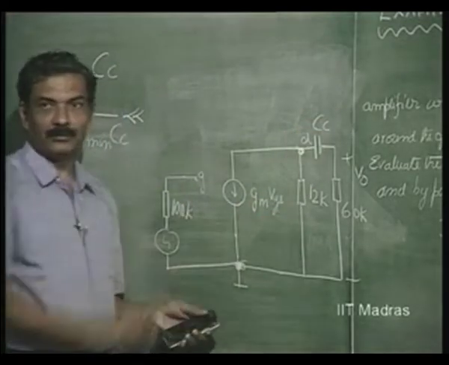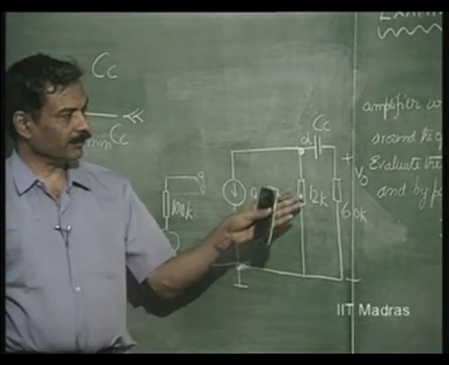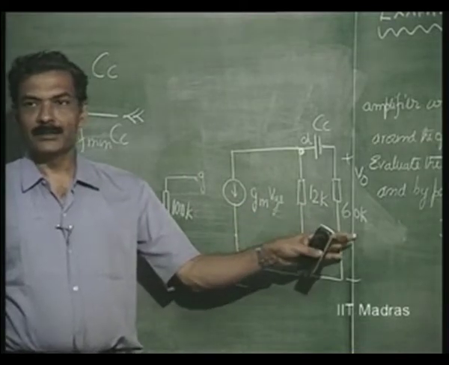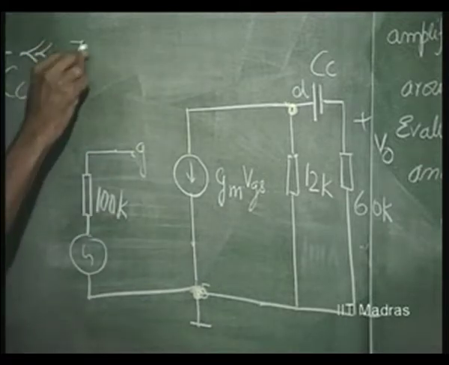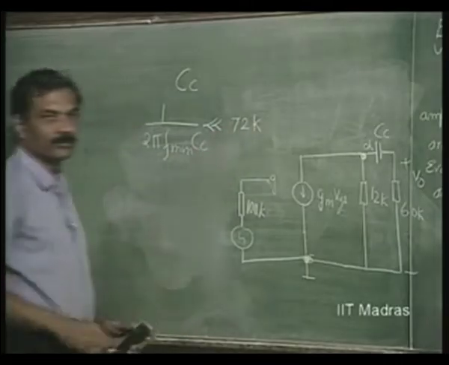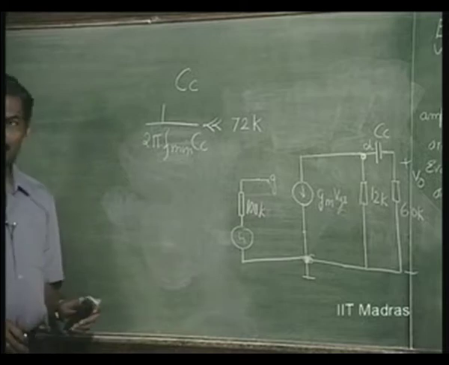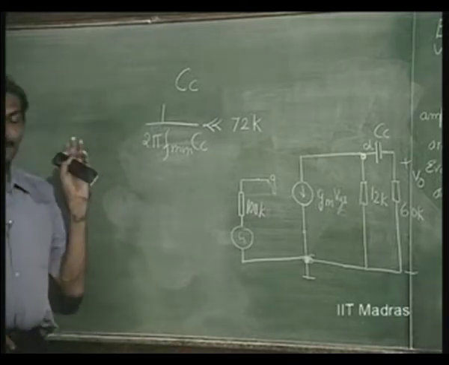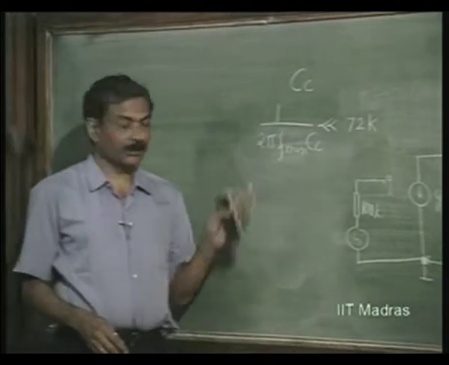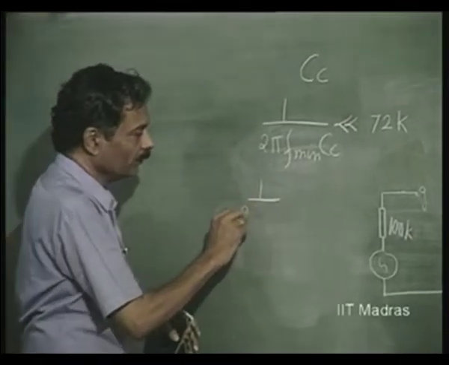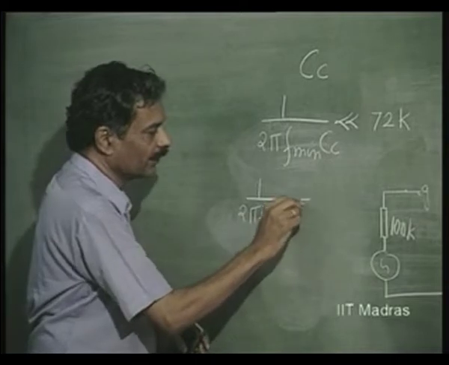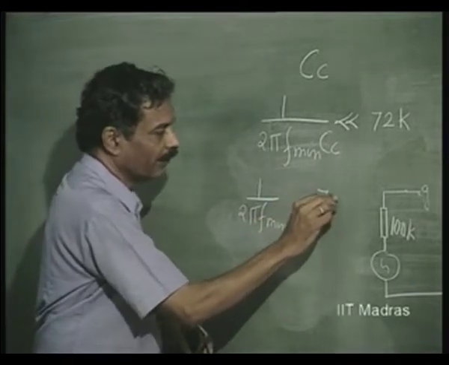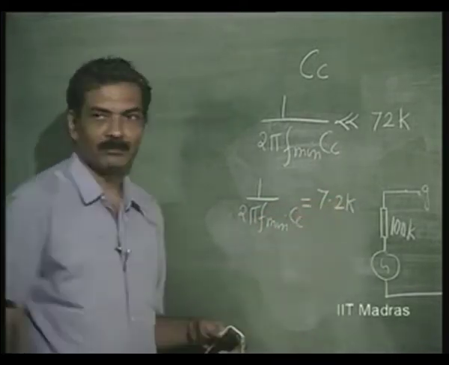So this is a current source. We have 12K in series with 60 kilo ohms, so 72 kilo ohms. Now, there are two things. If you want this to be a short circuit, then 1/2 pi F minimum into Cc is taken to be equal to 7.2 kilo ohms.